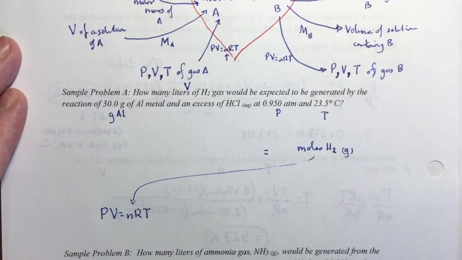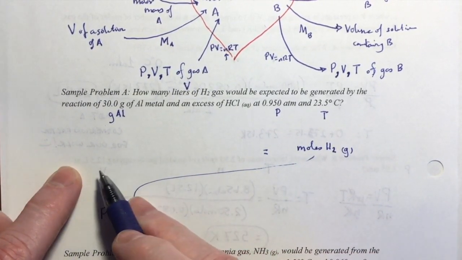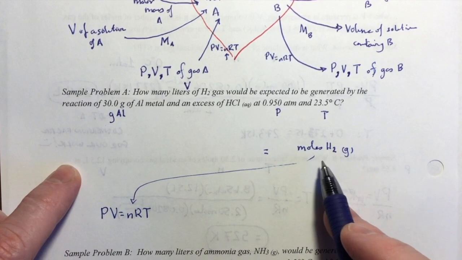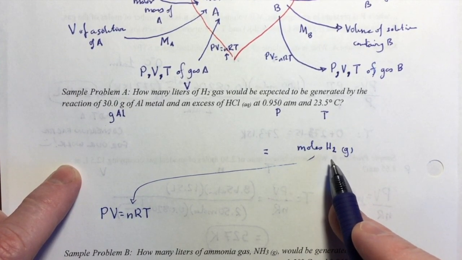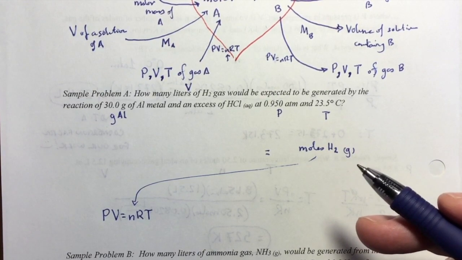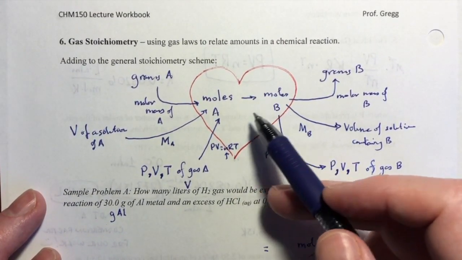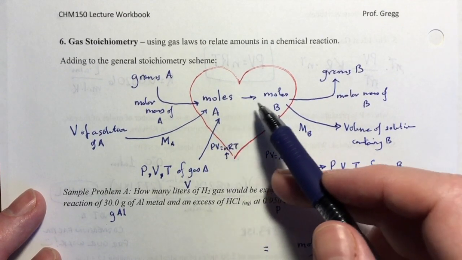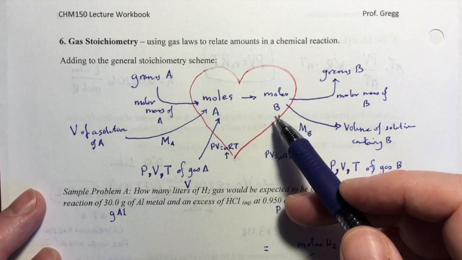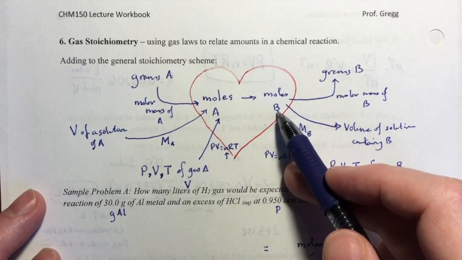Okay? So let's do my stoichiometry first. I need to determine how many moles of hydrogen gas I have. Well, we know that stoichiometries require a mole-to-mole conversion, so I'm going to need a balanced chemical reaction so that I have these molar ratios.